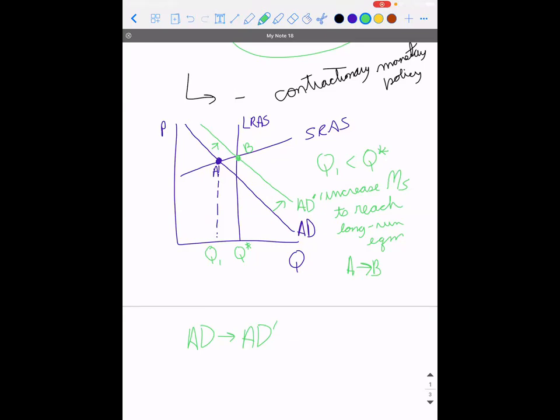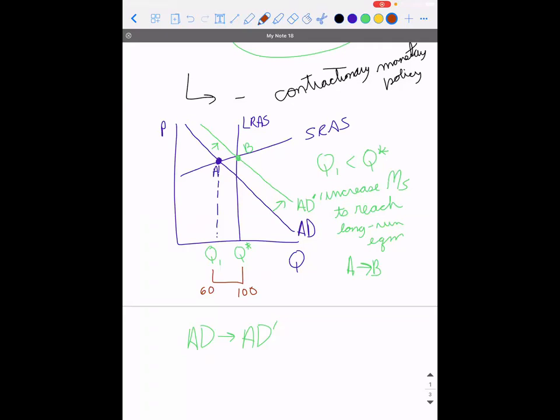Well, in essence, I need to know what the difference is between Q1 and Q star. I'm going to make up some numbers here. Let's say that's 100 and that's 60. Making the numbers up. So my goal is, let's say, a $40 million increase in the equilibrium.